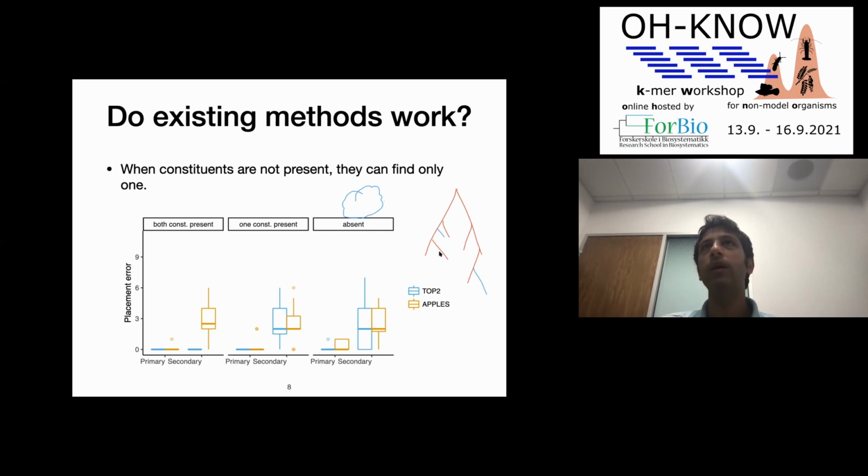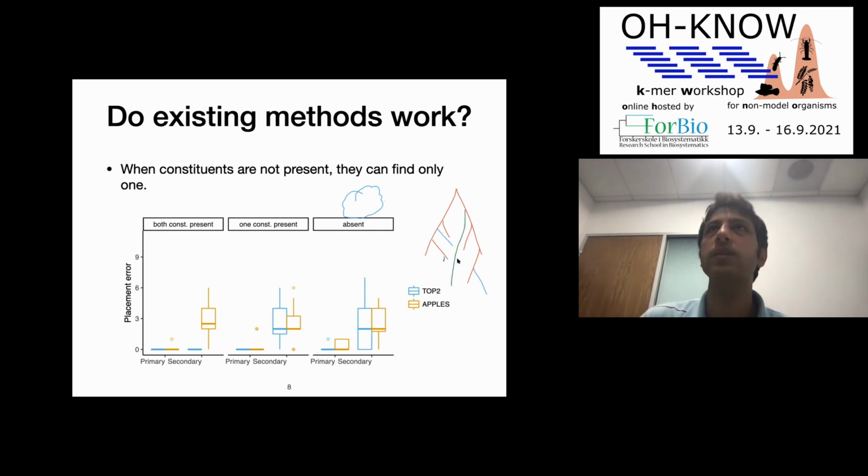Now, this example I drew here, the blue, is a case where both of the constituents are missing. You would get two placements with long branches. Now, let's say one of them is missing, then you would get something like, let me use a different color, this green thing I'm drawing.